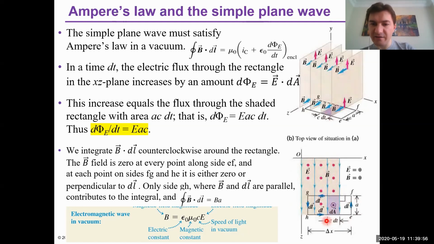This is the A, this is C dt, and apply this line integral over the closed loop, B dl. So what do you see here? Between E and F, there is no magnetic field, then the contribution to that integral will be 0, okay?